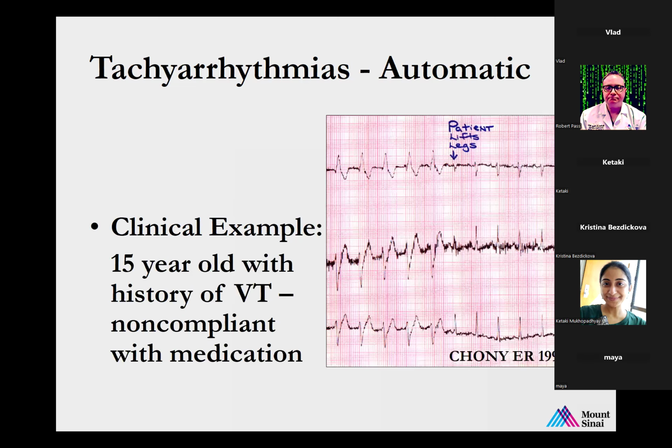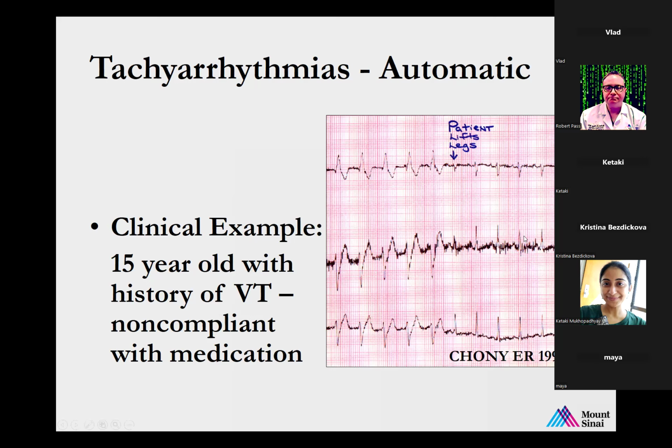And then this is the last example I'm going to show of an automatic arrhythmia. So this is a 15-year-old who came to the emergency room with palpitations and was in tachycardia. I asked the patient to do some leg lifts in the emergency room to raise the sinus rate.